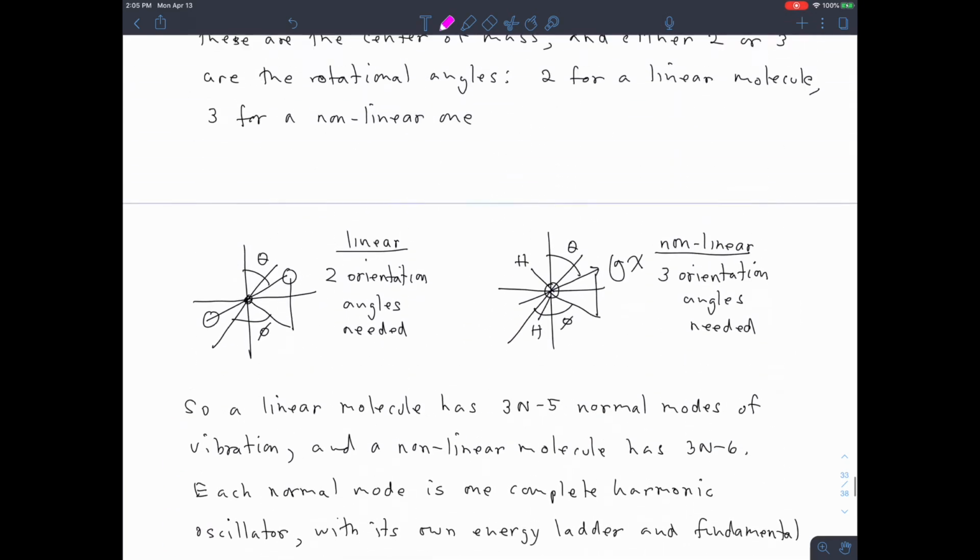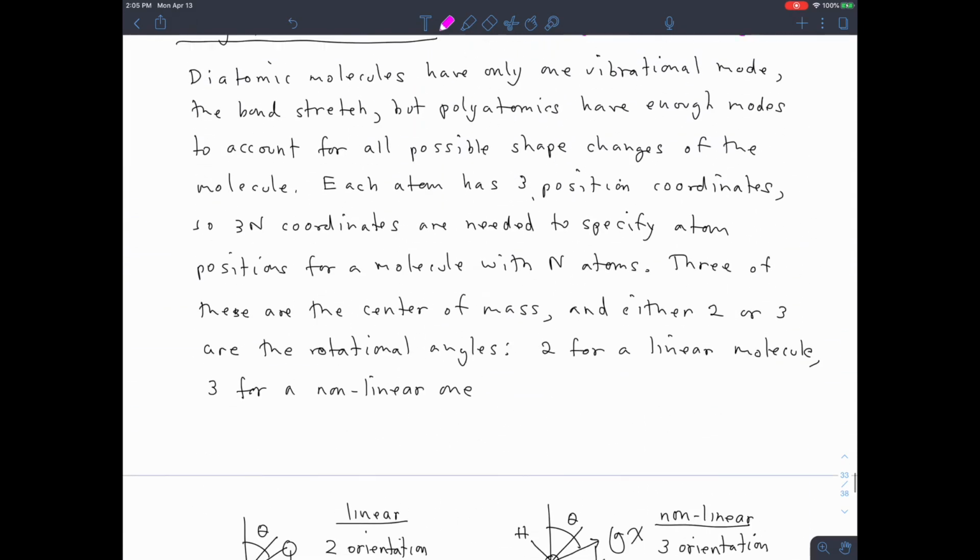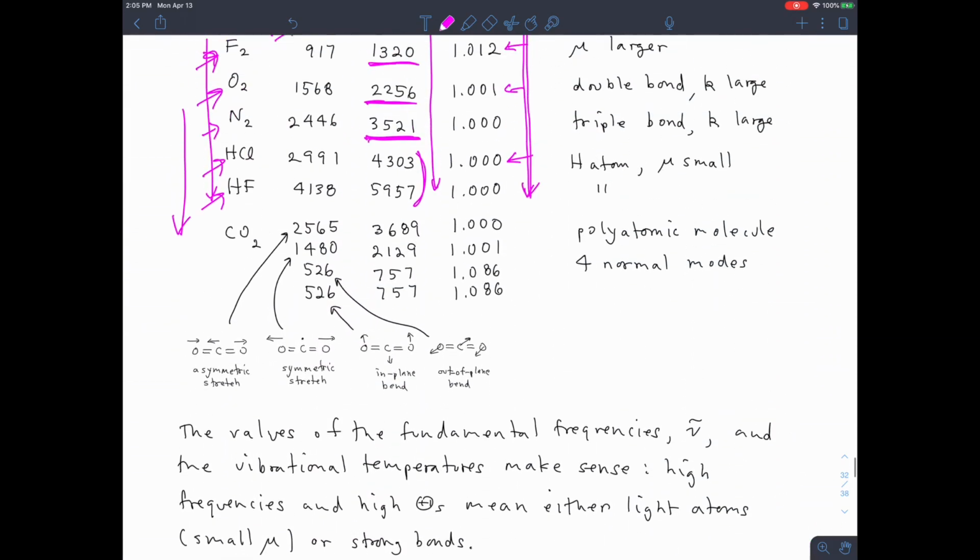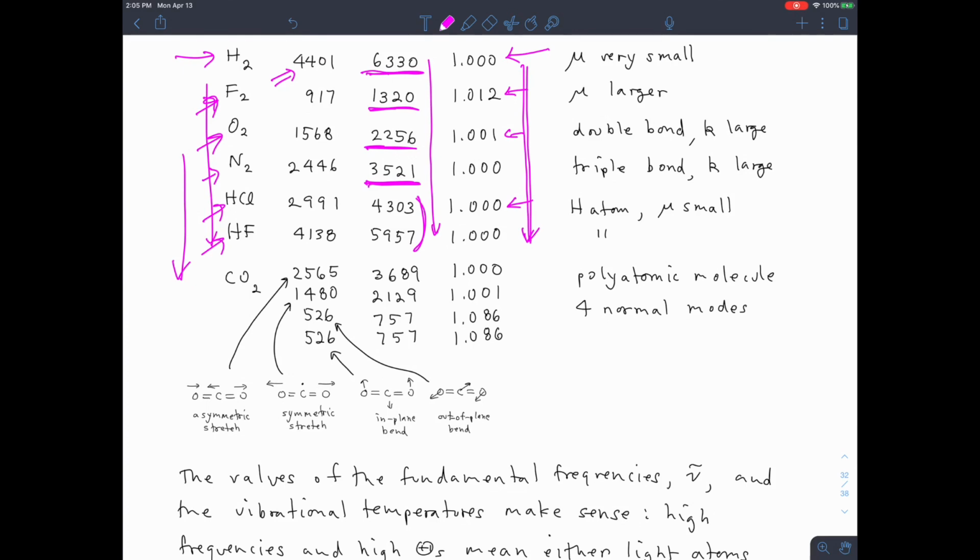So up here, for CO2, returning to where we were, 3n minus 5 is 4 normal modes. Here they all are listed down here. There's an asymmetric stretch where the oxygen atom and the carbon atom sort of pinch together, and on the other side, the carbon atom and oxygen atom stretch each other apart.